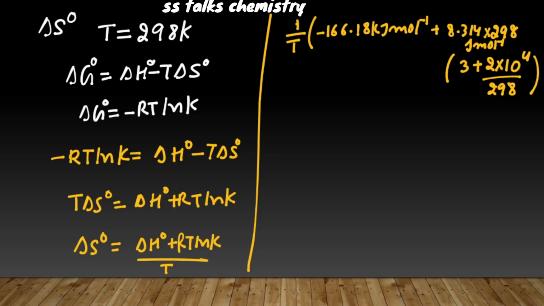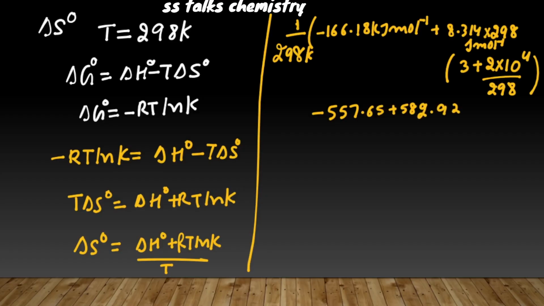Here also this temperature value you can keep, that is going to be 298 Kelvin. So this is the one we are getting. On solving this, we are getting minus 557.65 plus 582.92. Okay.